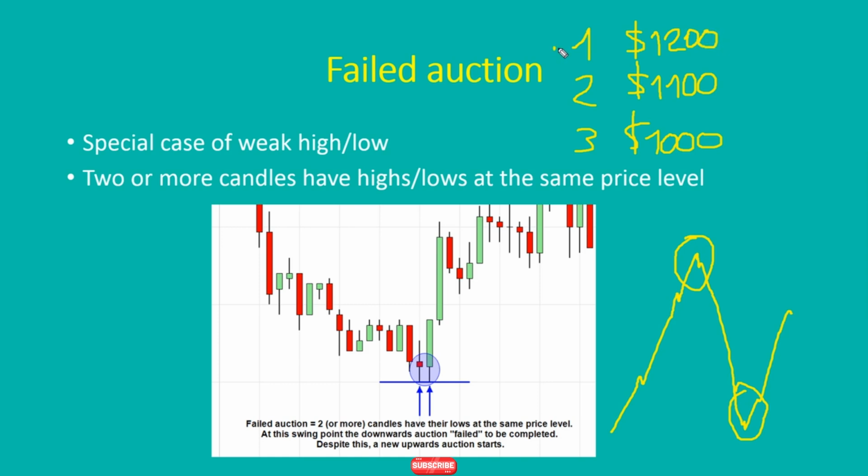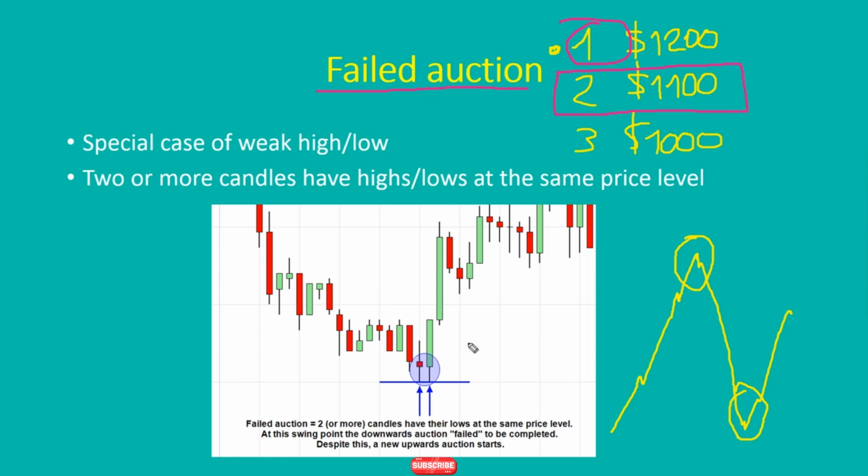Alright, this is the winner. The failed auction would be if the auction ended at this place with 2 bidders for $1,100. And this is kind of weird because you always need to have one winner, not 2 winners. Alright, so this is why it is called failed auction, because the auction has failed.